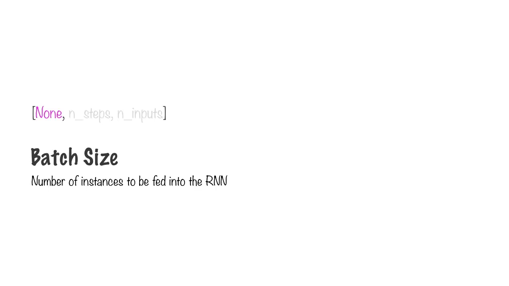This is a 3D tensor. Batch size is set to None because the number of instances that we want to feed in one batch is unknown when we actually set up our RNN. This should not surprise you. This is typically the case for all neural network problems that we've worked on so far.